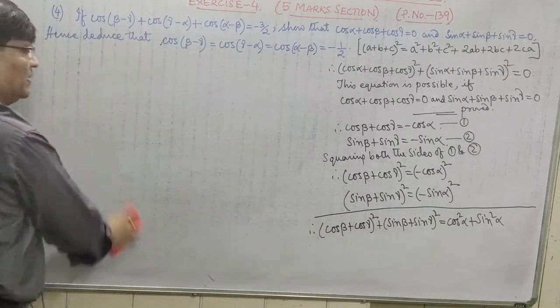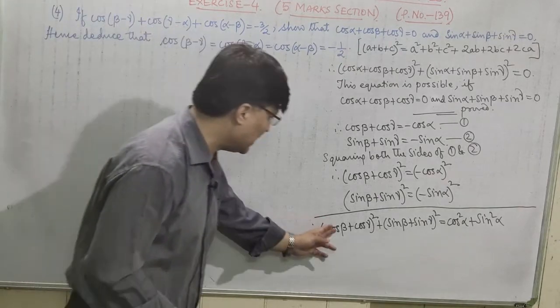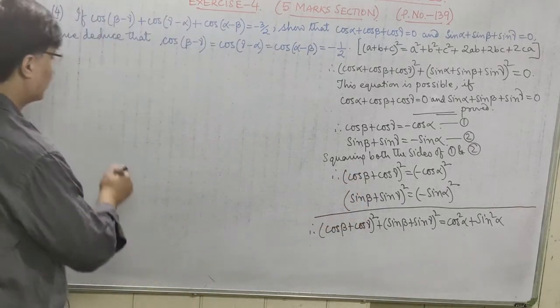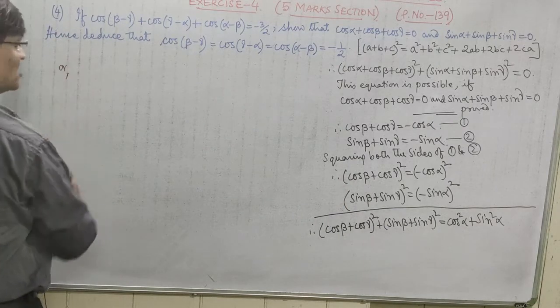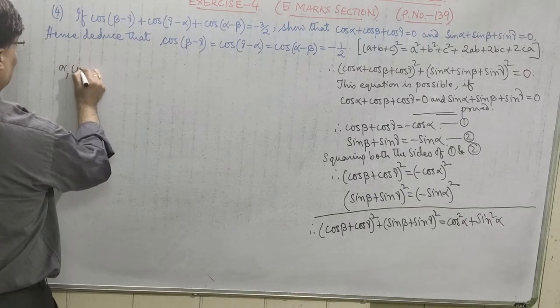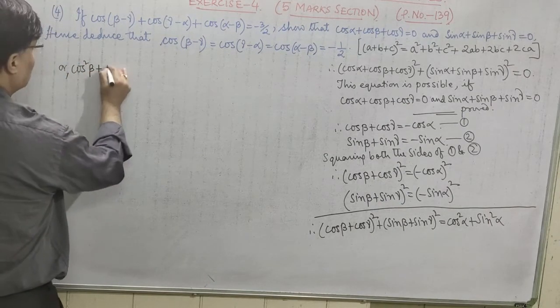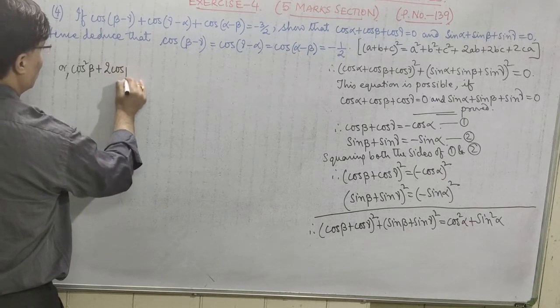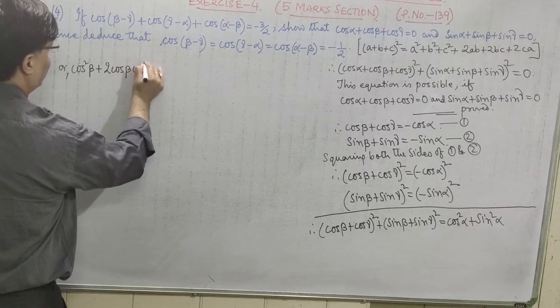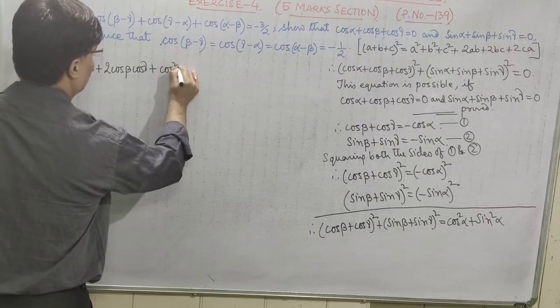Let us simplify the left hand side. Now it is the formula a plus b whole square. What is a plus b whole square? You know that it is a square plus 2ab plus b square. So it is cos square beta plus 2 cos beta cos gamma plus cos square gamma.